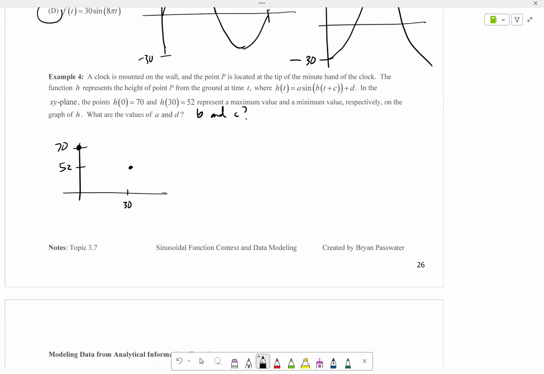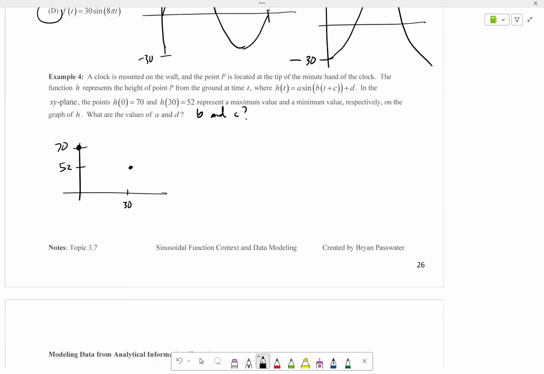Okay, so B is pi over 60, right? Because you go from max to zero, you have to go to max. Wait, 52 is the max. 18.